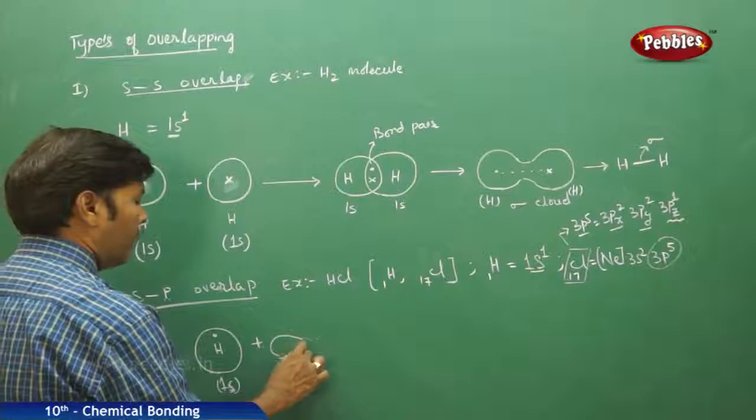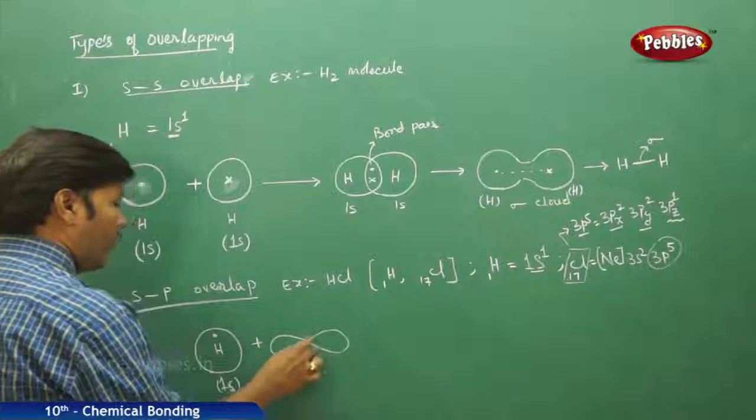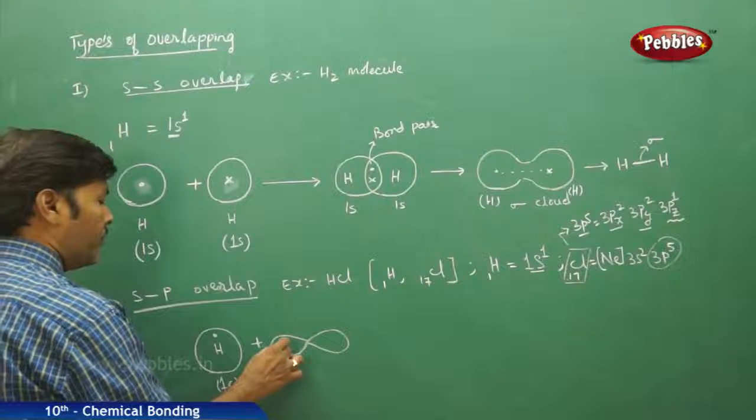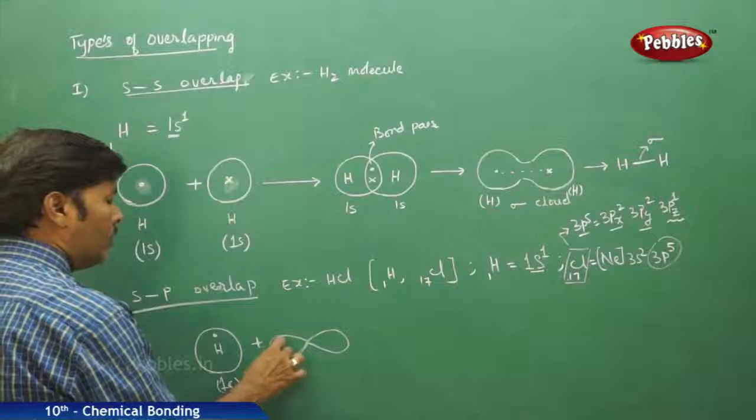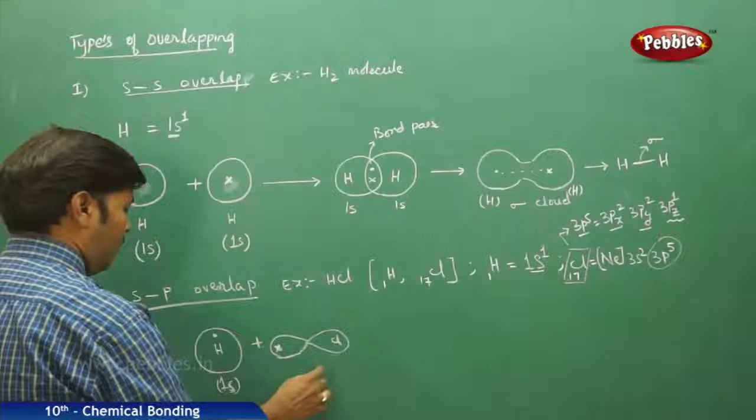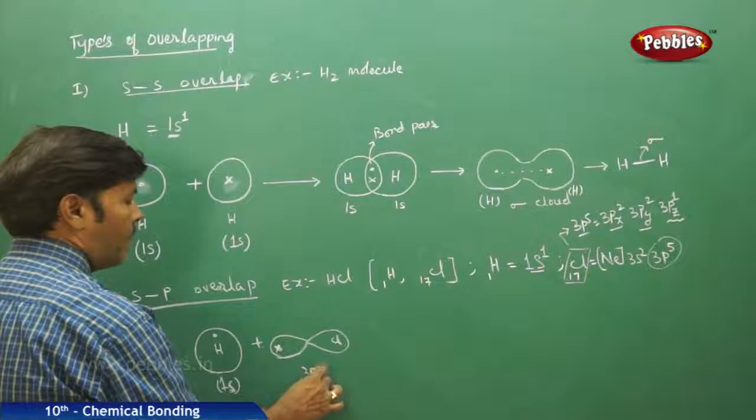This dumbbell shaped structure of chlorine has one electron, and its atomic orbital is 3pz.